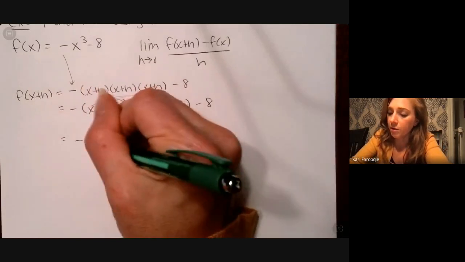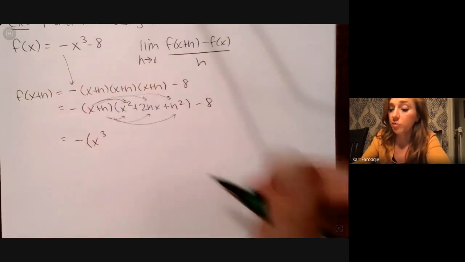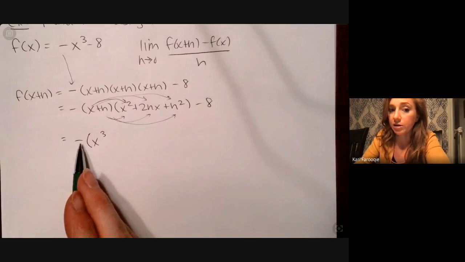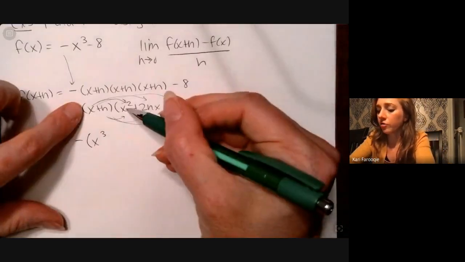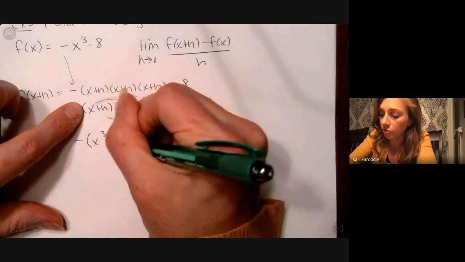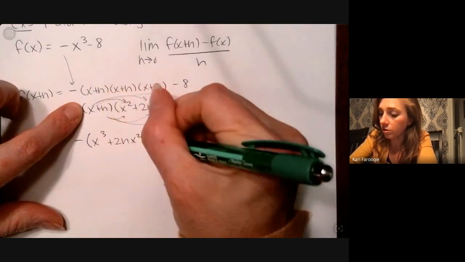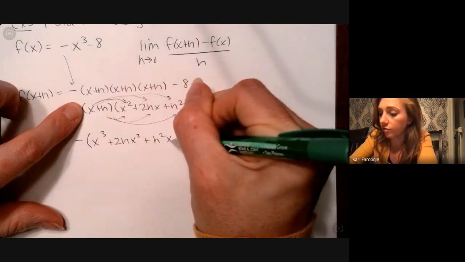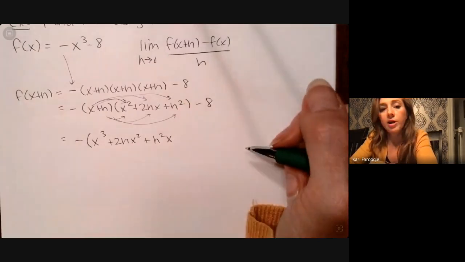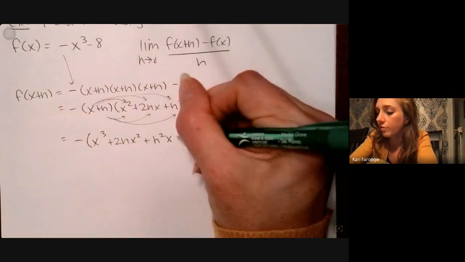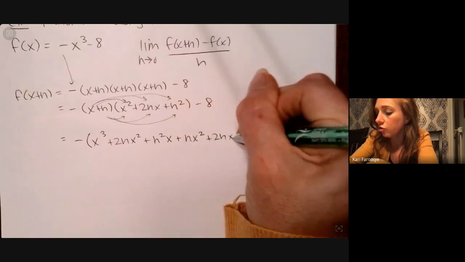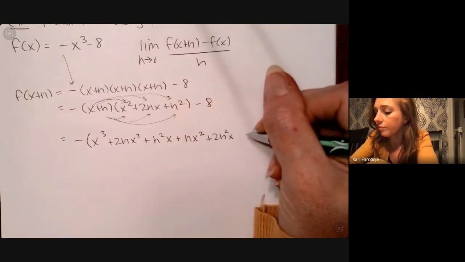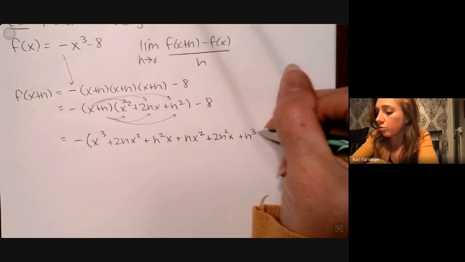Okay, I'm putting parentheses here because I don't want to forget that this negative gets multiplied in. So don't forget your parentheses. x cubed plus 2hx squared plus h squared x. Now we'll multiply in the h. So we'll have plus hx squared plus 2h squared x plus h cubed.